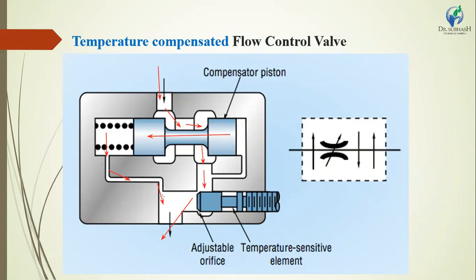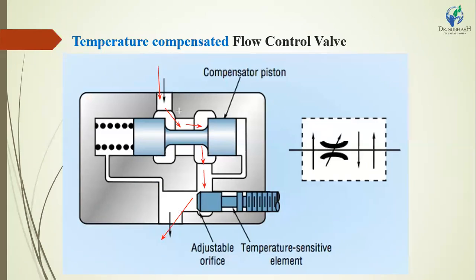But here the pressure at this position and this position is maintained the same inside the flow control valve. This portion is called the main regular flow. This arrow direction is called the main regular flow.